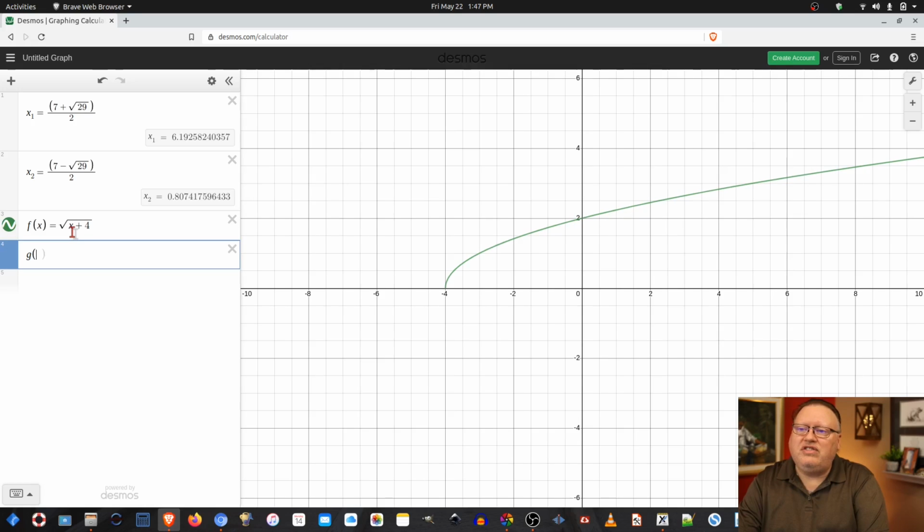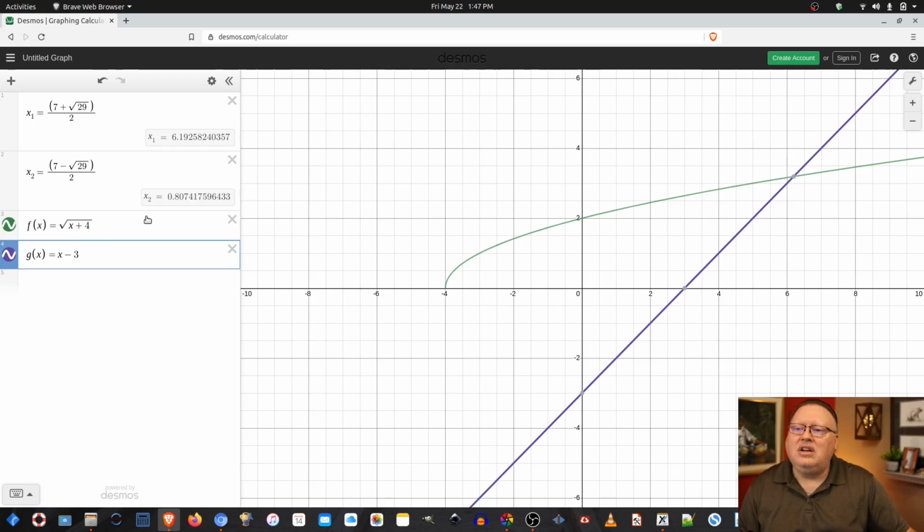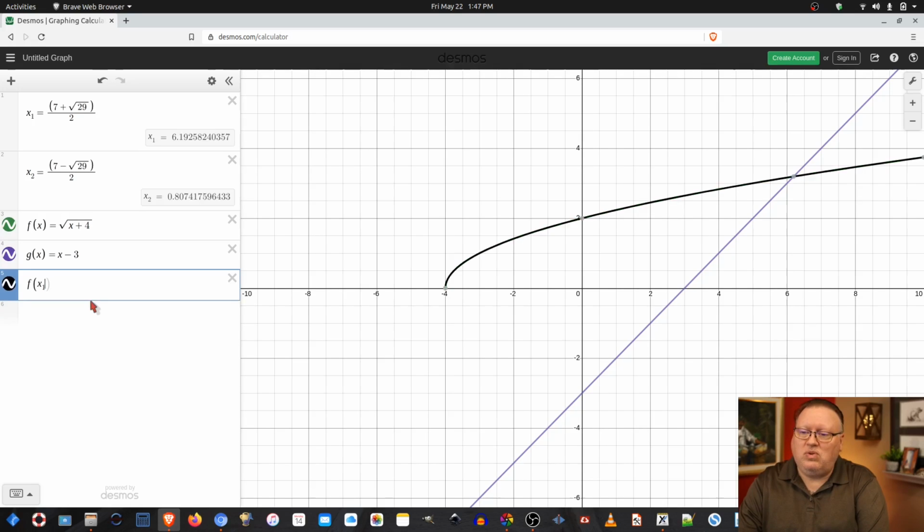And then g of x, I'm going to say, is equal to x minus 3. Okay? So is that the case? And we're going to look at this. And we're going to do f of x sub 1 and f of x sub 2. And make sure both sides are equal. So let's do f of x1.